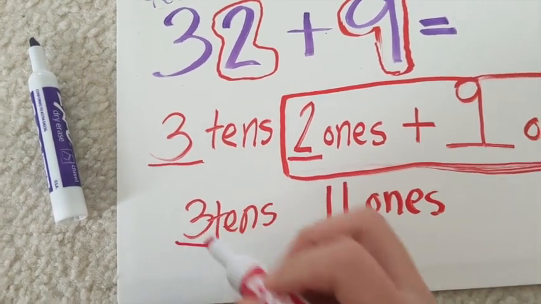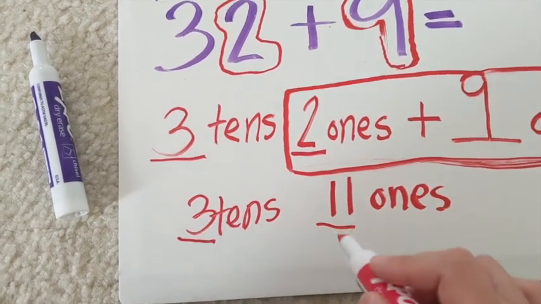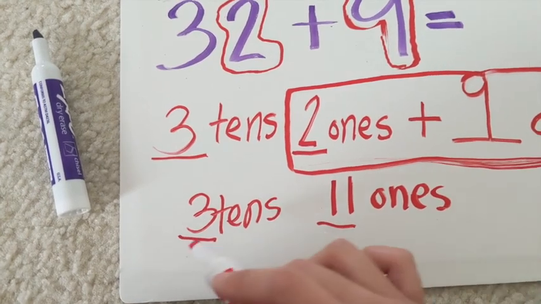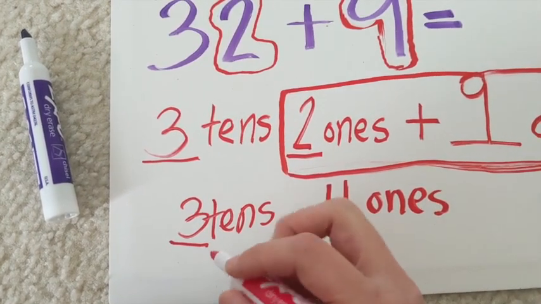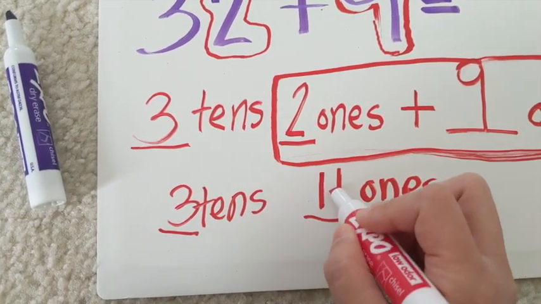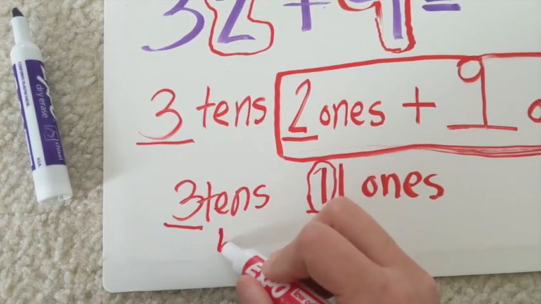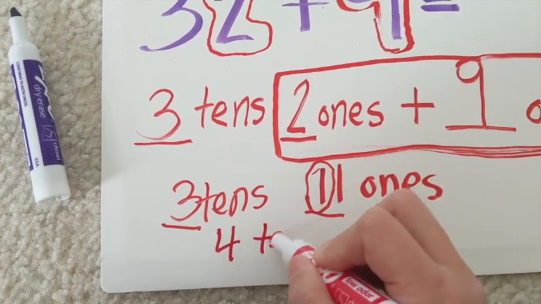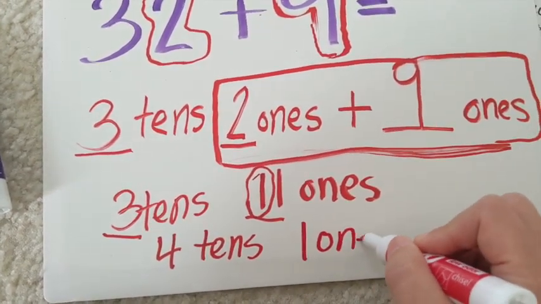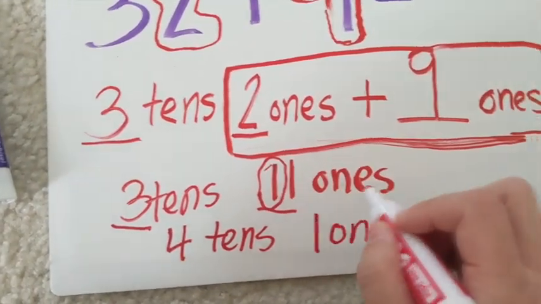Okay, so there's that. Okay, so now how many 10s do we actually have? We actually have 4 10s. We don't have 11 1s if we regroup. So we're going to take this one right here and we're actually going to regroup, okay? So we have 4 10s and 1 1. That's the regrouping part, okay? So do you see how there's a 10 in here?